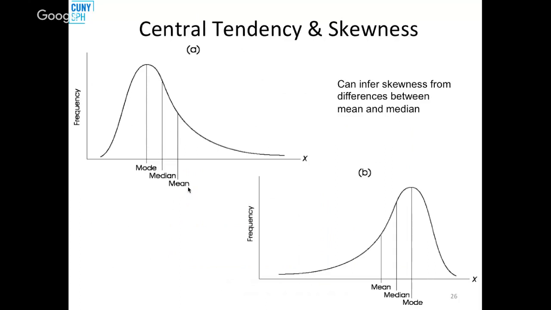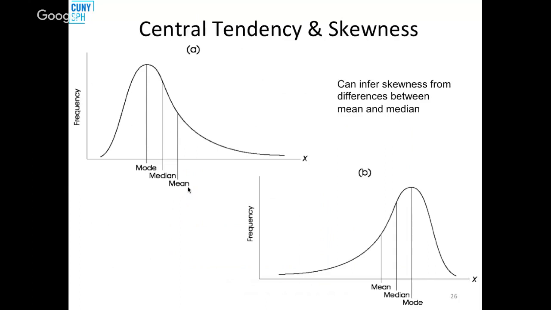And just to drive this point home, the central tendency can appear in different places depending on skewness, and the difference between where they appear is even a measure of skewness.